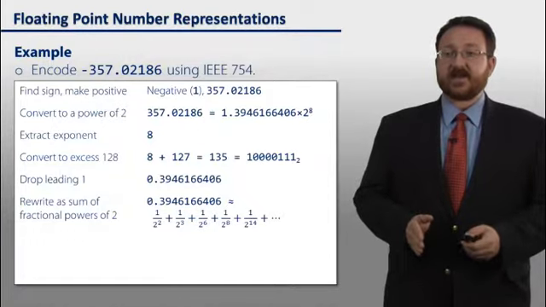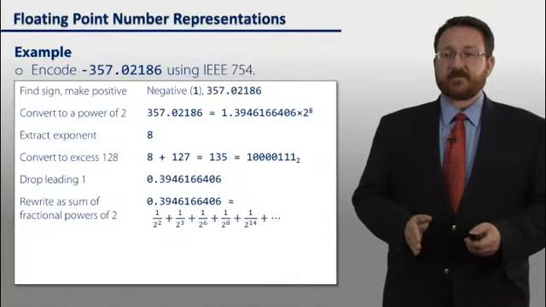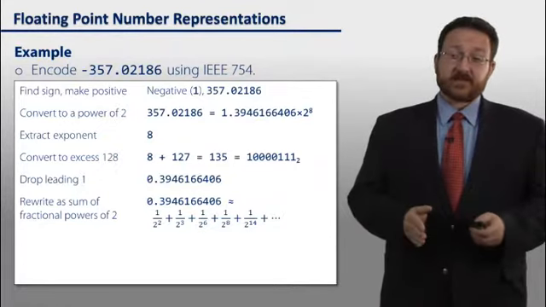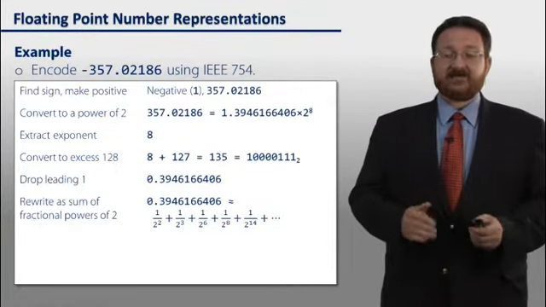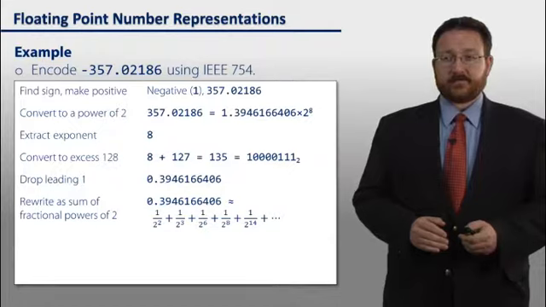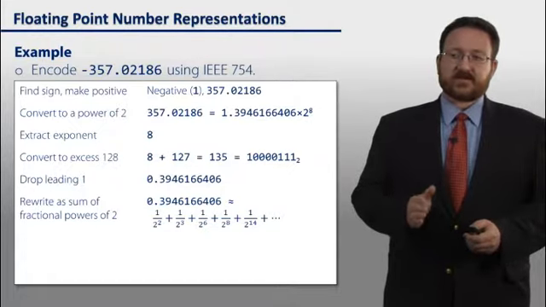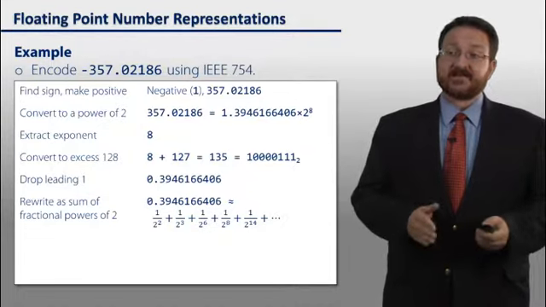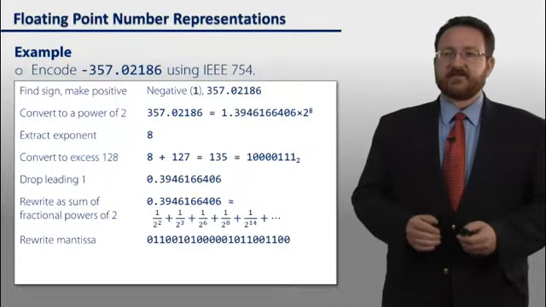It turns out that if I add 1/4 plus 1/8 plus 1/64 plus 1/256 and so on, I get a pretty close approximation of that decimal number. So then I take those numbers, a 4th, an 8th, a 64th, and so on, and I encode those as binary. And so these are the bits.